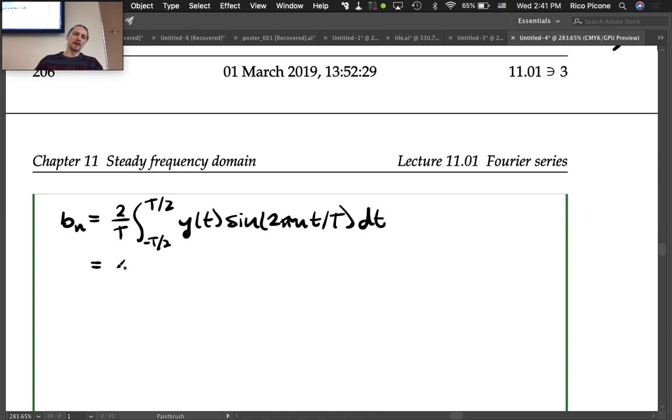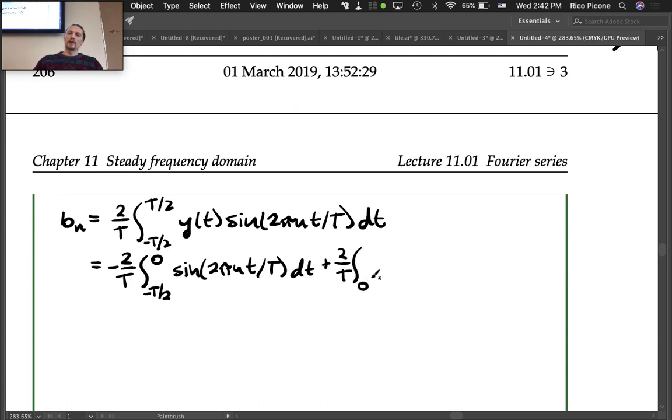So we'll do two integrals: negative 2 over T, integral from negative T over 2 to 0, once again y of t was negative 1 and we pulled the negative sign out, of sine of 2 pi n little t over big T dt, plus 2 over T, integral from 0 to T over 2, sine of 2 pi n little t over big T dt.